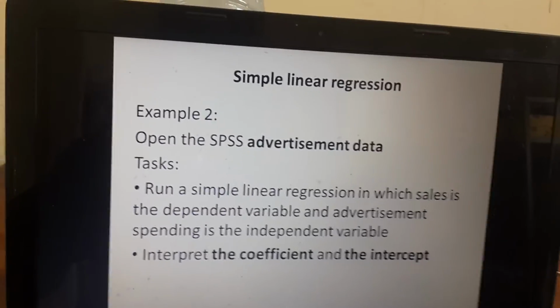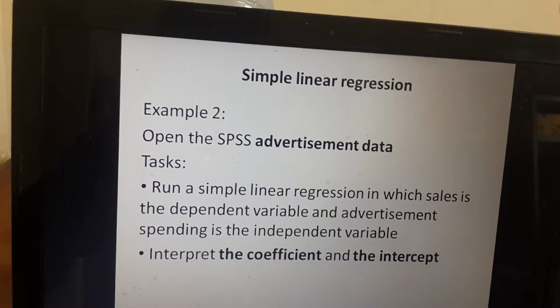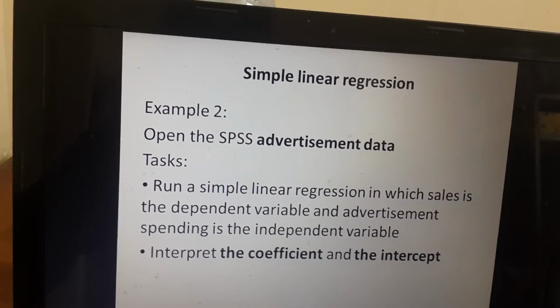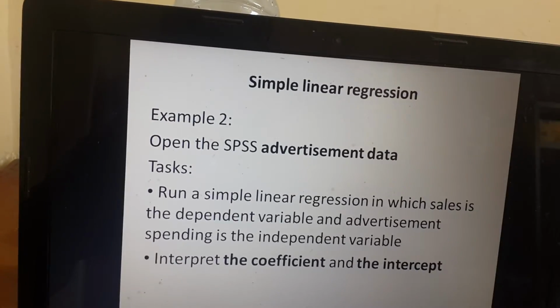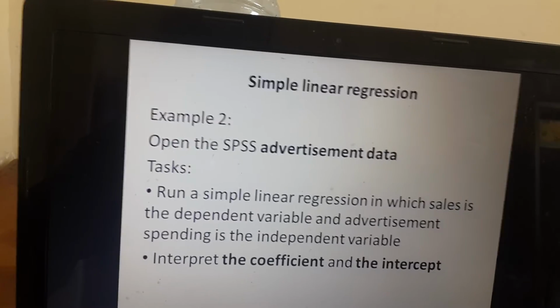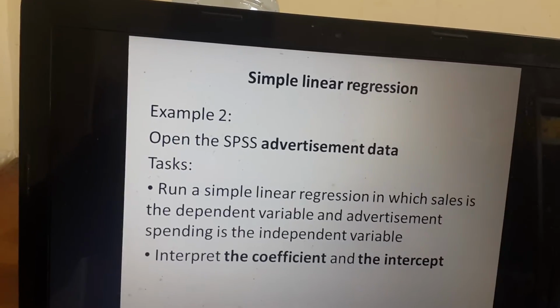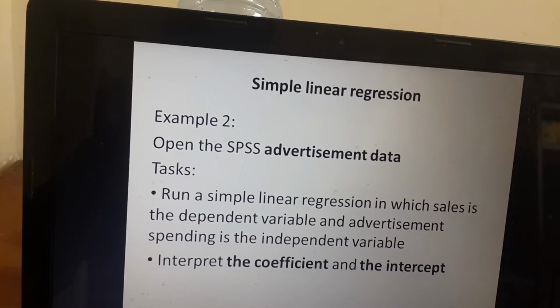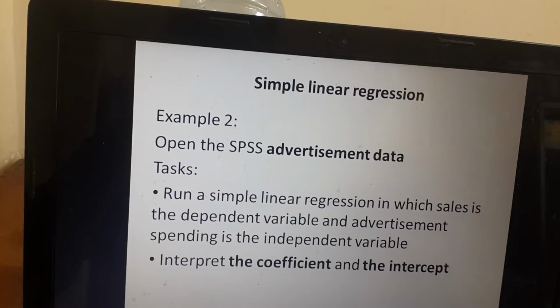Here we can see with examples. Open SPSS advertisement data and run a simple linear regression in which sales is the dependent variable, because what we sell totally depends on what we do. For example, it might be the promotion that we do.